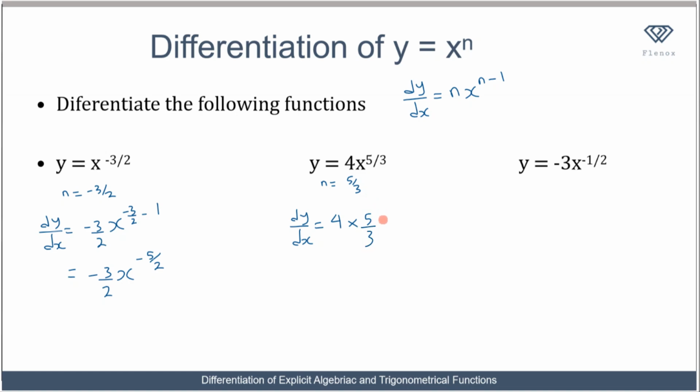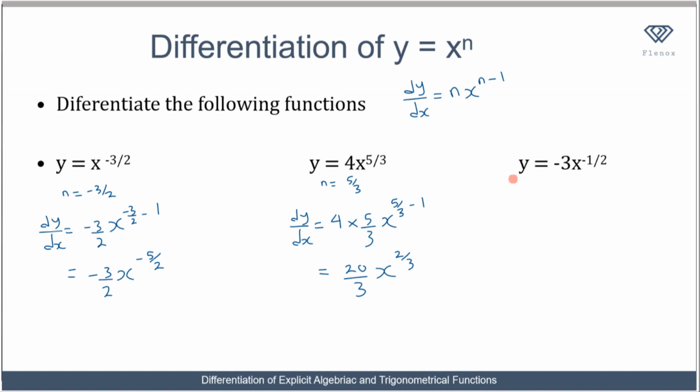Then I have my x raised to the power 5 over 3 minus 1. And that works out to be 5 times 4, which is 20 over 3, times x raised to the power 5 over 3 minus 1, which gives me 2 over 3. So this is what it becomes when I differentiate.